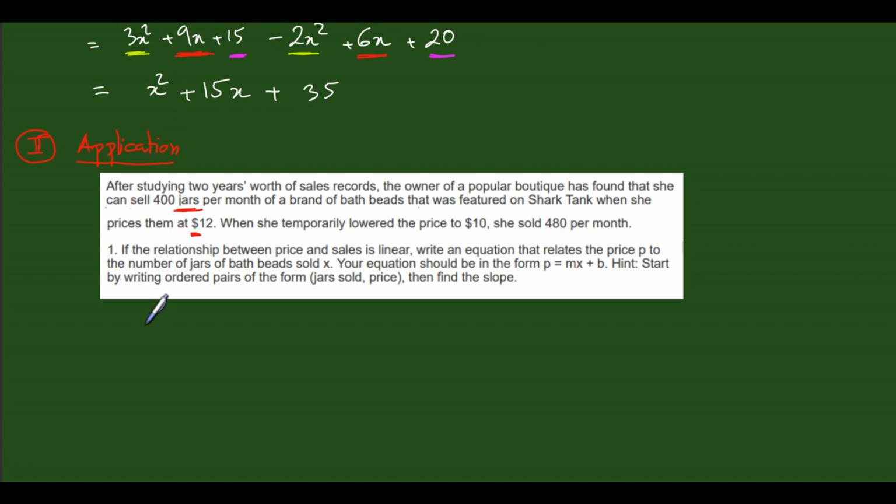I can write that 400 yards sold per month at $12 each. Okay, but if she lowers the price to $10 each, then she can sell more. She can sell 480 yards. So this information is very important.